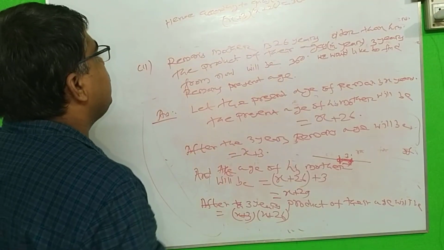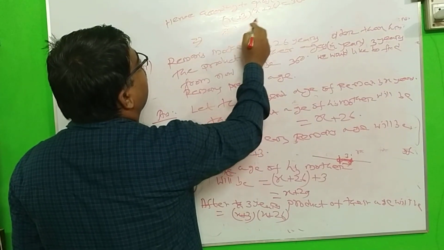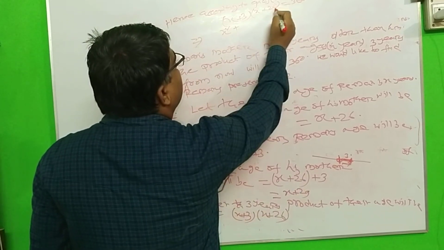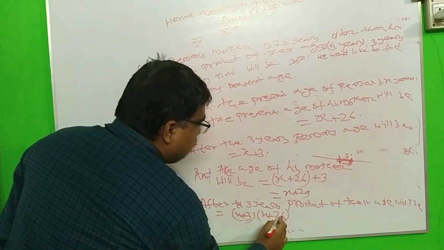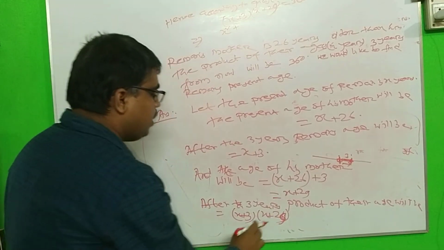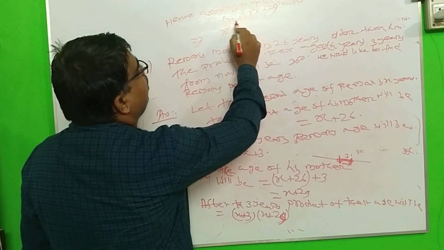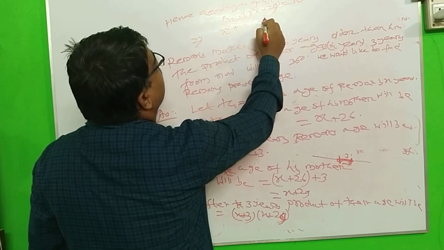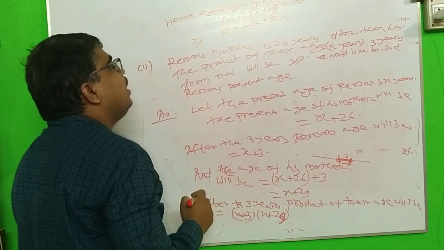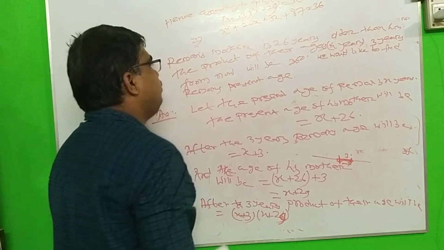Okay, we calculate it as x square plus, sorry, here it will be 29 instead of 26. So x square plus 29x plus 3x plus 3 into 29, that is 87, is equal to 360.